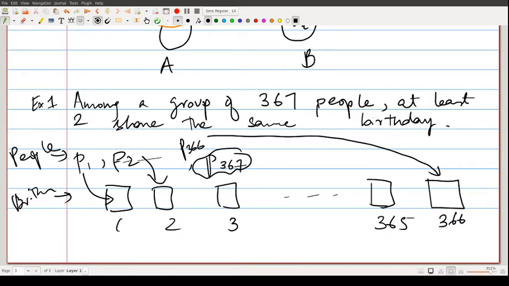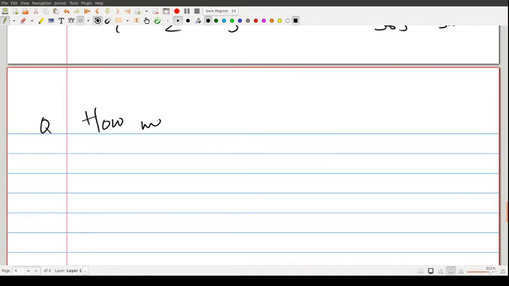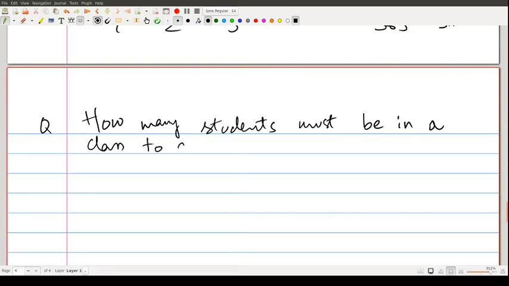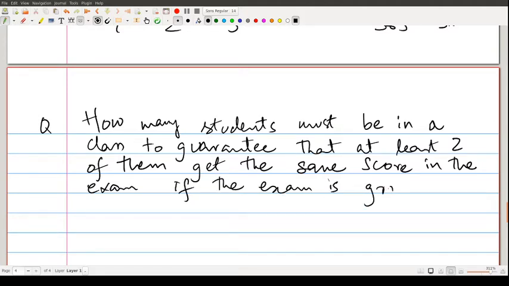Okay, let's do a problem. Question: how many students must be in a class to guarantee that at least 2 of them get the same score in the exam, if the exam is graded in integers from 0 to 100, right?